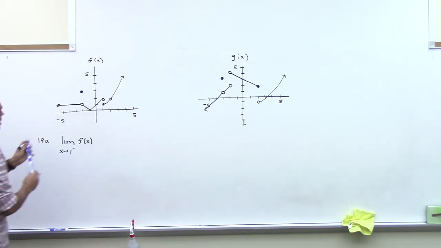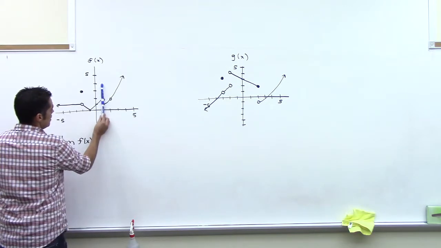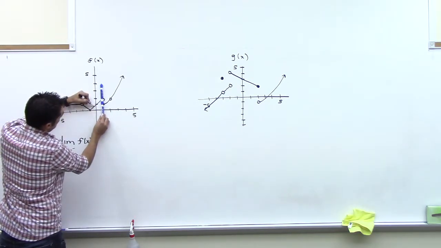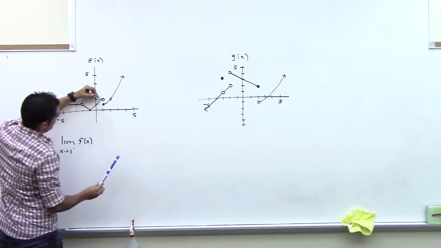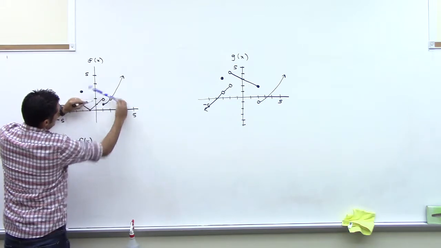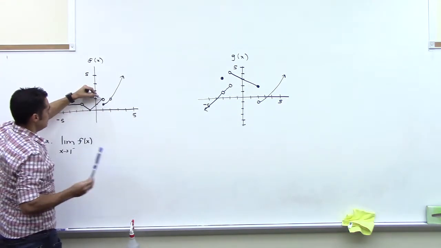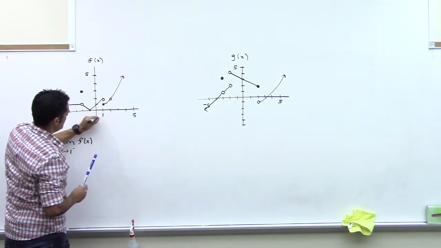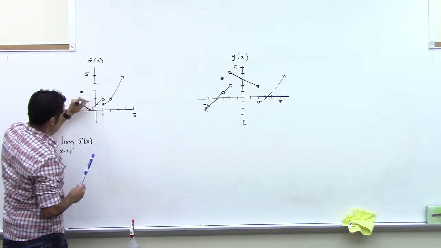Here's an x value of 1, and we're going to walk along our function. As we get closer and closer to 1, our y value is getting closer and closer to, let's see, it looks like about 2. Now, of course, we never get there, but that doesn't matter. The limit is about what happens as we get close. So as we approach an x value of 1, our y value is approaching 2.